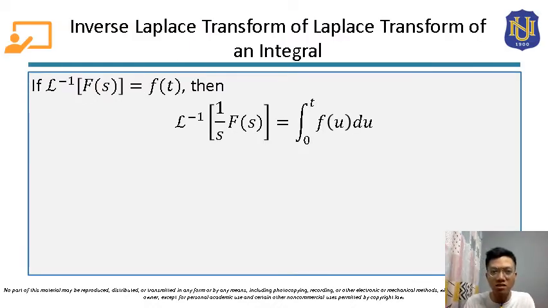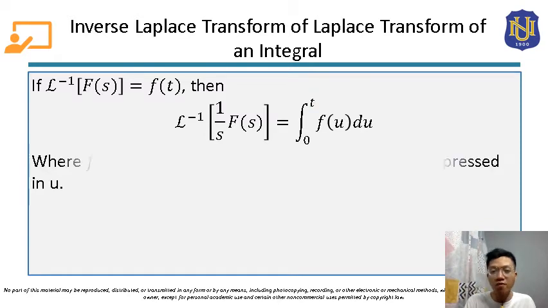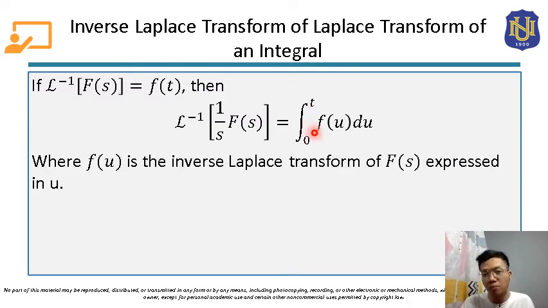So let's discuss now the inverse Laplace transform of an integral. If the inverse Laplace transform of F of s is equal to f of t, then the inverse Laplace transform of 1 over s times F of s is equal to the integral of f of u du from 0 to t, wherein f of u is the inverse Laplace transform of F of s, expressed in u.